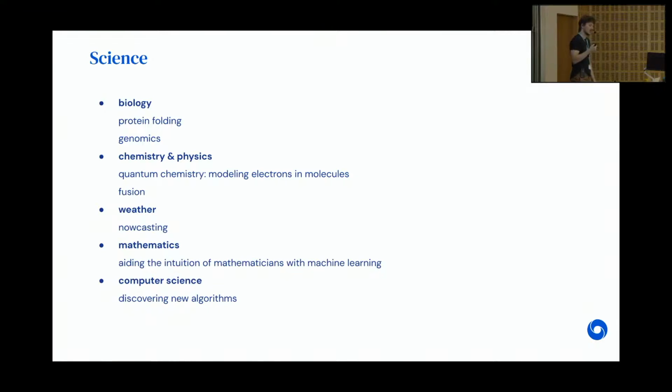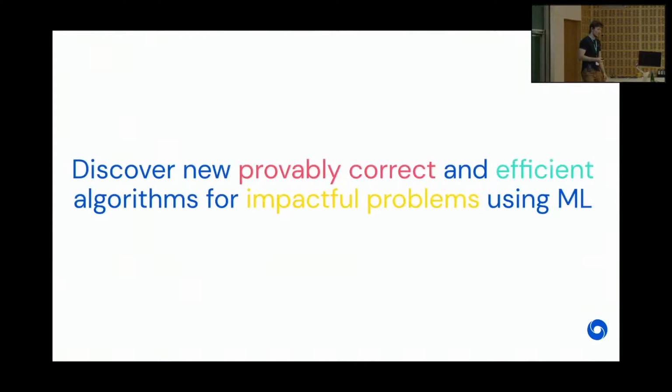And myself, I work in the team that tries to do this within computer science itself. So we use AI techniques to discover new results in theoretical and practical computer science, in particular to discover new algorithms. The specific goal of my own team is to discover new, provably correct and efficient algorithms for impactful problems using machine learning.